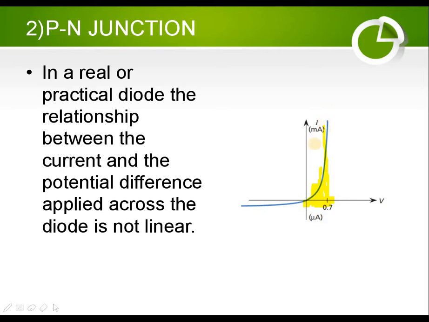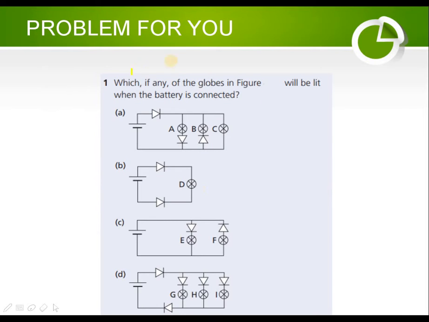This graph looks like 0.7 volts across the voltage axis, while in reverse bias there is also a small current called the leakage current. In some applications, the diode can be constructed to emit light when forward biased. These light emitting diodes, LEDs, are used in many electronic devices and will be explained later on, because this is not concerned right here. So this is called the characteristic curve.